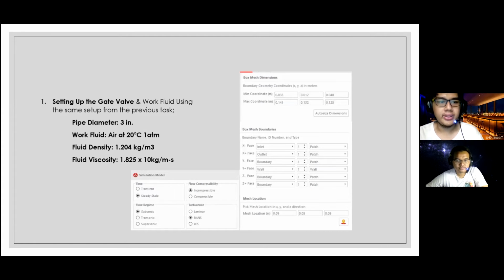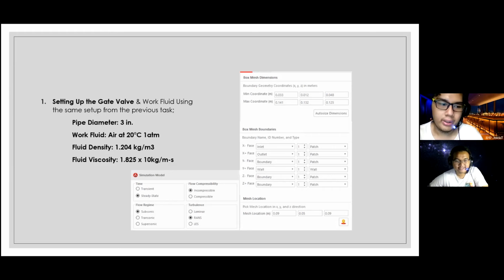First, we need to set up the gate valve, working through it using the same setup from the previous task. From what was taught by Mr. Dai, we use a pipe diameter of 3 inches, working fluid air at 20 degrees Celsius, 1 atmosphere, fluid density 1.204 kilogram per cubic meter, and also fluid viscosity of 1.825 times 10 to the power of minus 5 kilogram per meter per second.